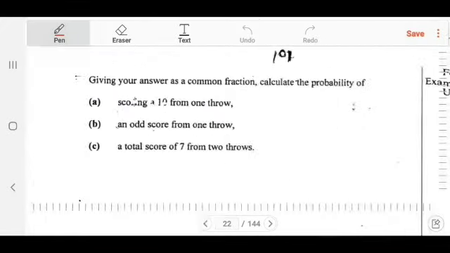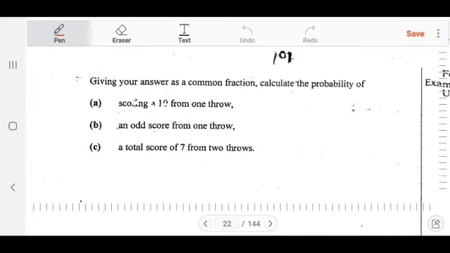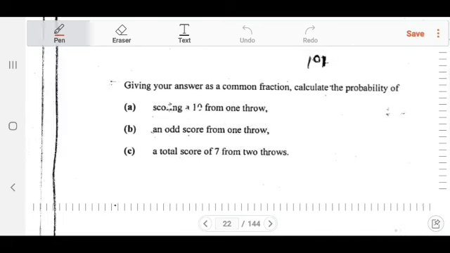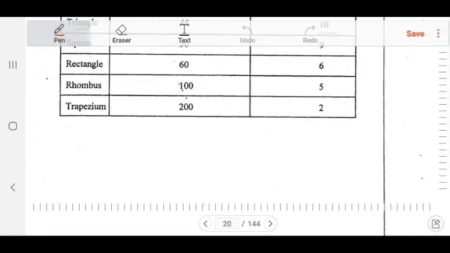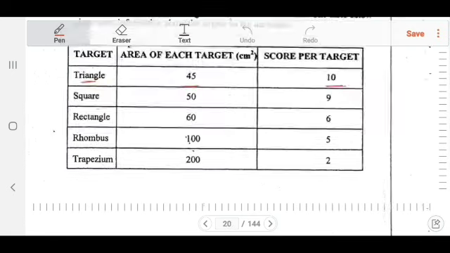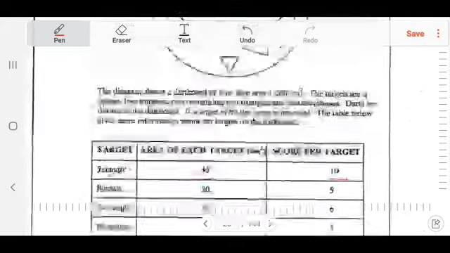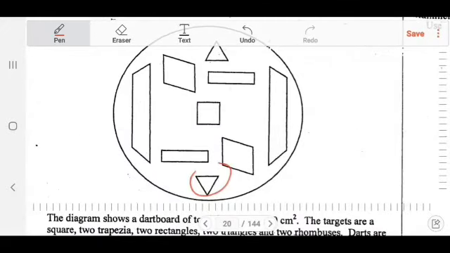The question says, giving your answer as a common fraction, calculate the probability of scoring a 10 from one throw. Getting a 10 from one throw means you have hit this one, which is a triangle, and we have 2 triangles.